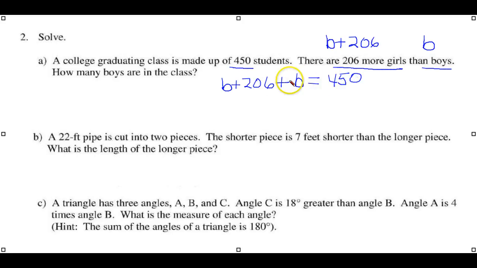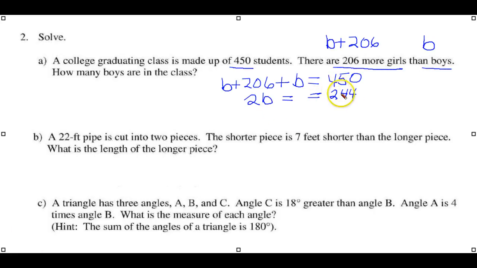They're starting us off a little easy here, so we can just see what goes on to put words into algebra. Now we're going to subtract 206 from both sides. So that gives me 444, I believe. Let's see.